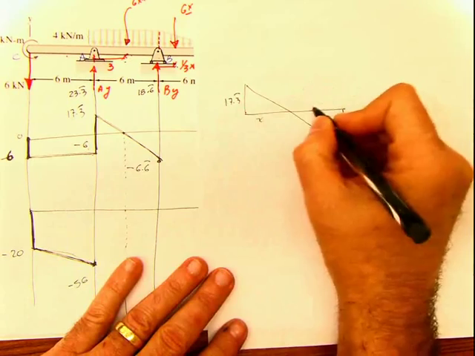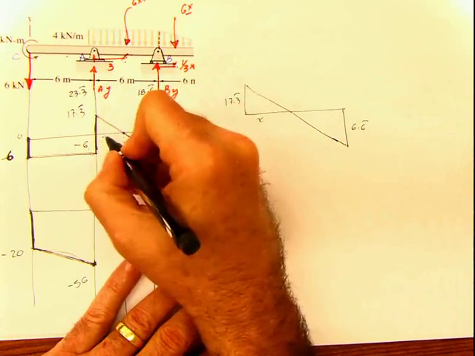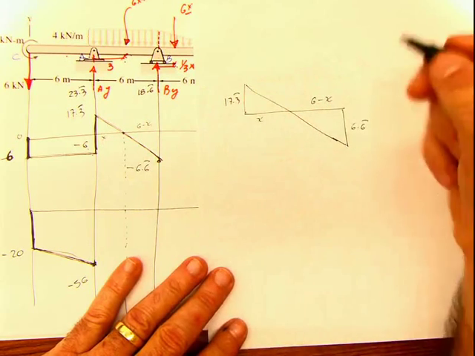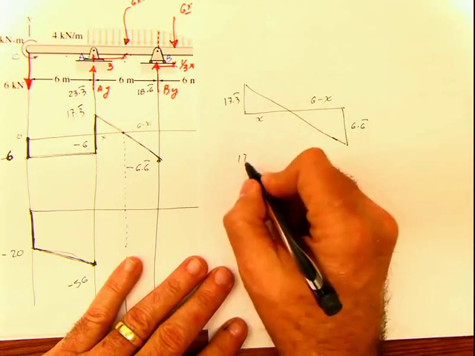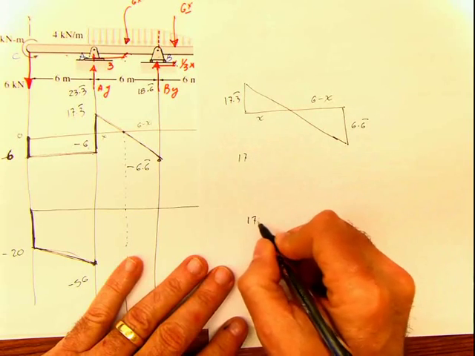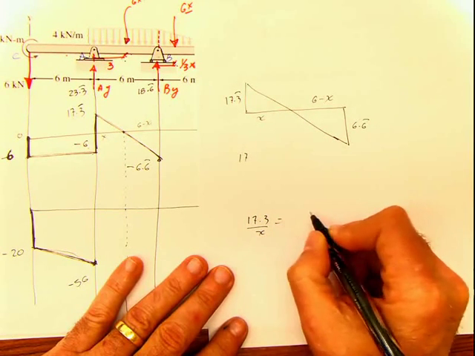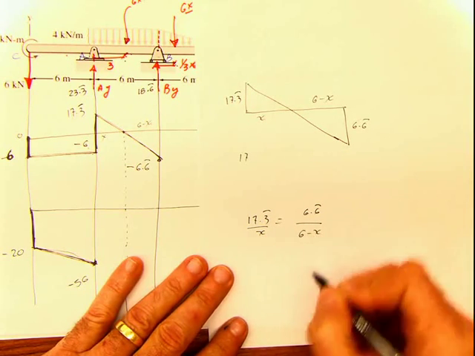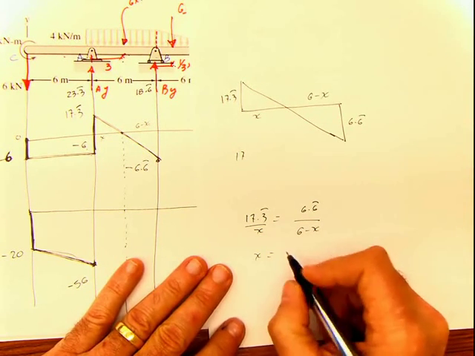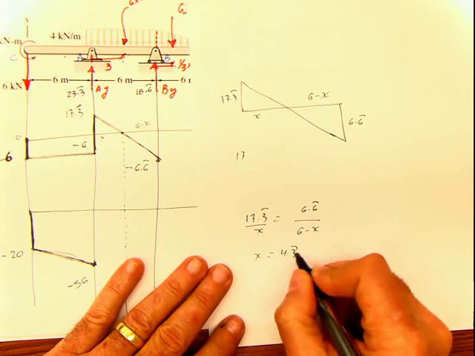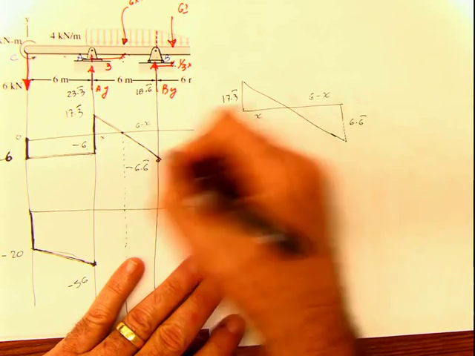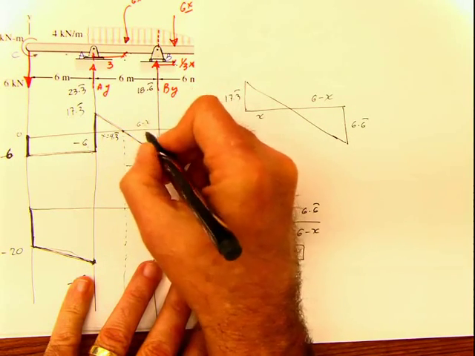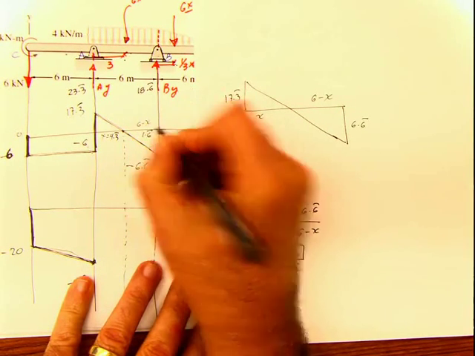And this distance is x, and the other distance is going to be 6 minus x. Then you can say by geometry that 17.3 is to x as 6.6 is to 6 minus x. And then you solve for x, and x is going to give you 4.3 periodic. Meaning this value here is 4.3 periodic, and this other value has to be 1.6 periodic.